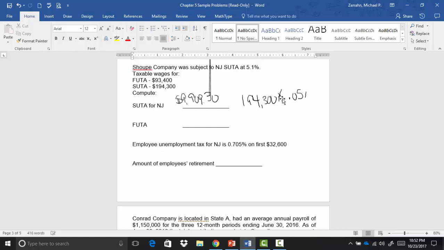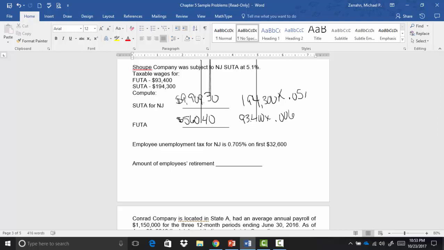FUTA, $93,400 times 0.006. So they have a FUTA tax of $560.40 on their employees.